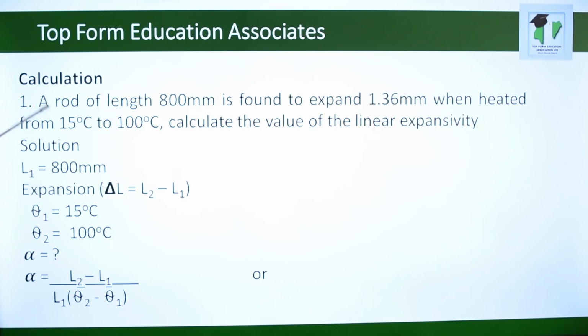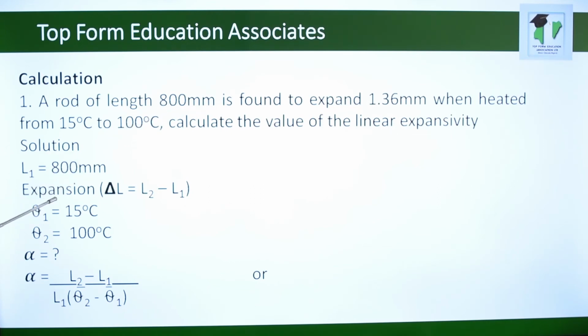Example 1. A rod of length 800 millimeters is found to expand 1.36 millimeters when heated from 15 degrees Celsius to 100 degrees Celsius. Calculate the value of the linear expansivity. So look at this rod here. The original length is 800 millimeters.